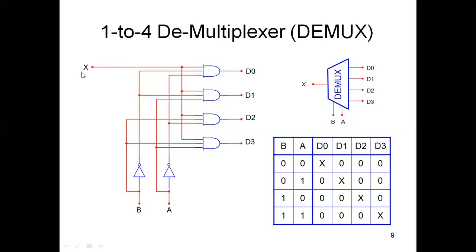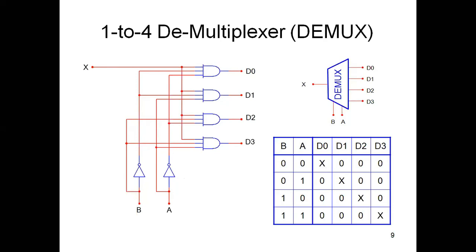If you take X as input 1, automatically the D naught output is also 1. If A is equal to B is equal to 0 and X is equal to 1, D naught is equal to 1. If A is equal to B is equal to 0 and X is equal to 0, D naught is equal to 0. That's why here D naught we will consider as don't care condition.